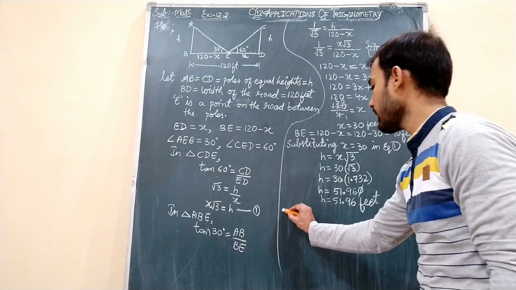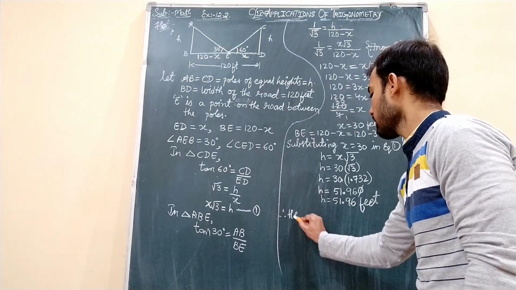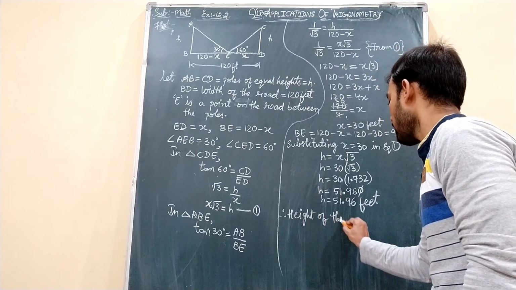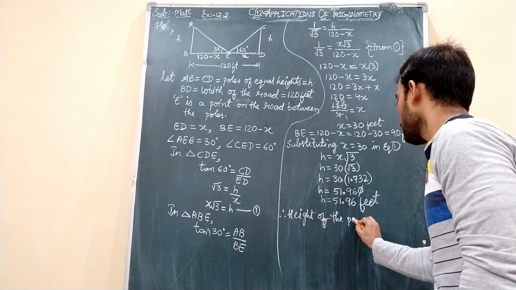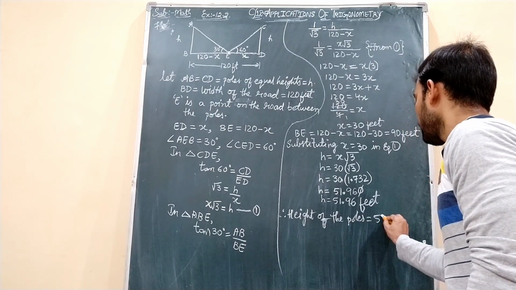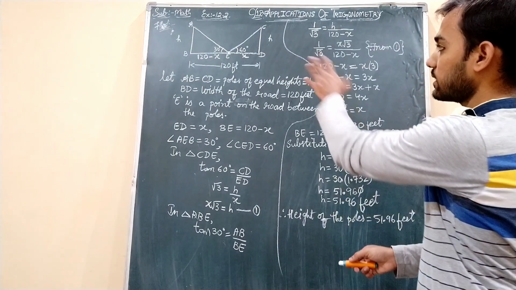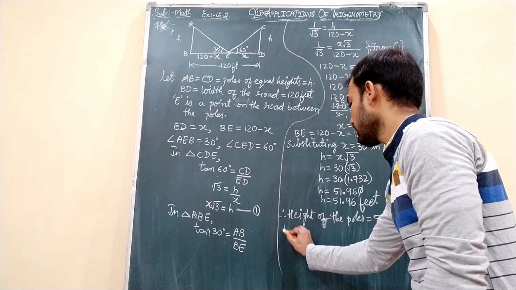Okay. So at last we will write, therefore, the height of the poles is 51.96 feet, students.